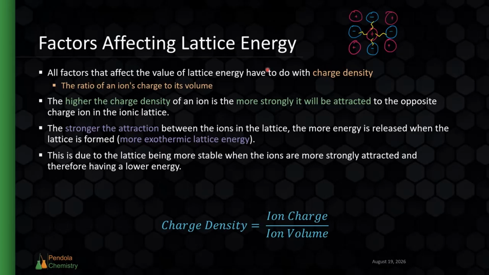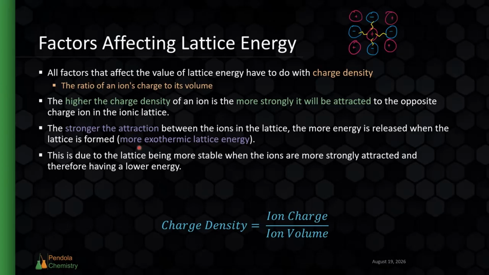We just didn't call it that. Charge density is the ratio of an ion's charge to its volume. So essentially you can see it as the ion's charge divided by the ion's volume. It can be boiled down into a number, but the number itself is not what's important. What's important is the magnitude of the number. How large is it? How small is it?